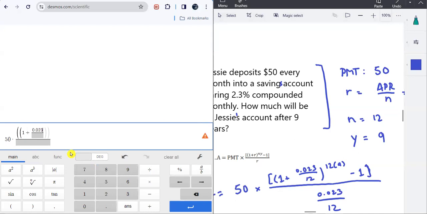We've got 0.023. To get to the bottom of the fraction, just click or tap in the bottom. To get out of the fraction, you can either tap to the right of it, or you can press this right arrow button over here, which is what I'm going to do. Next up is a closing parenthesis, and then we have an exponent. 12 times 9. So I'm going to press this a to the power of b button. 12 times 9.